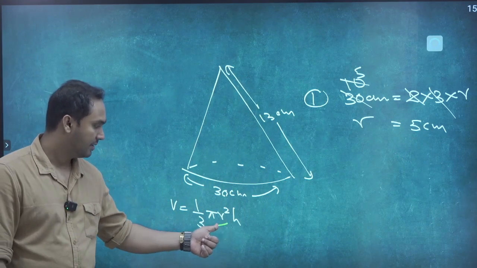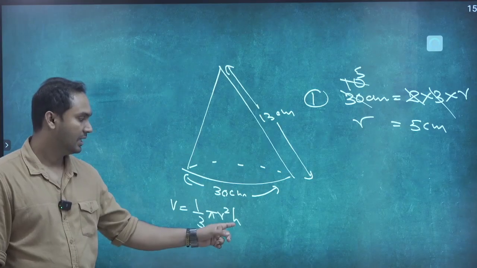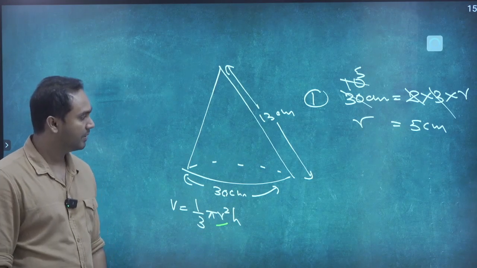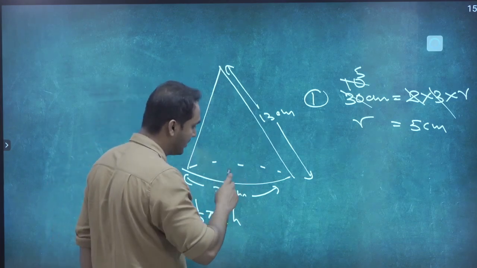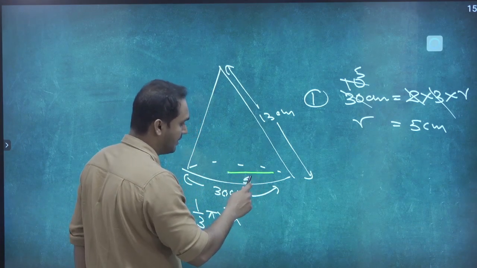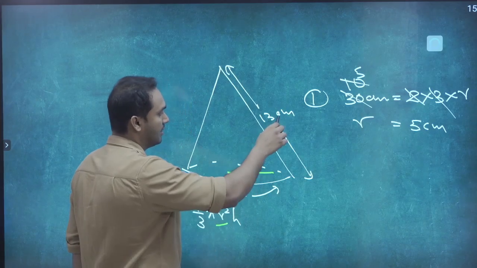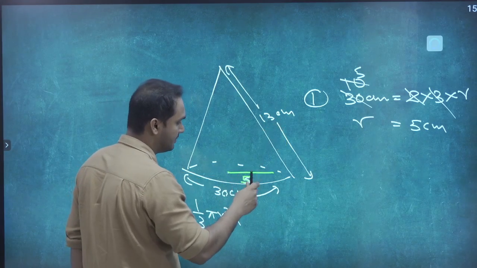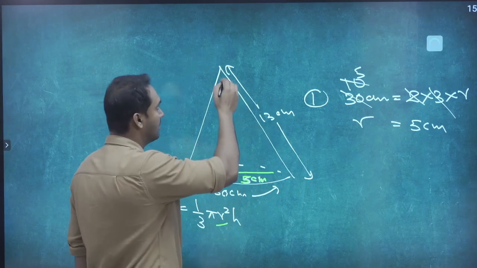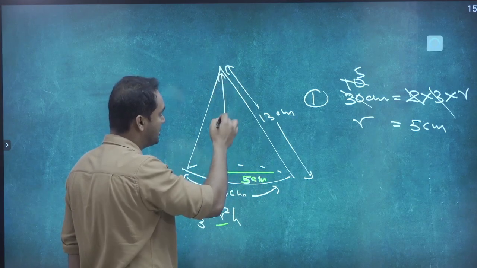Now we need another thing. What? H. Yeah, perpendicular height. So how do you find the perpendicular height? You have the radius now. The radius here is 5, and the slant height is 13. What you need is the perpendicular height, this h.